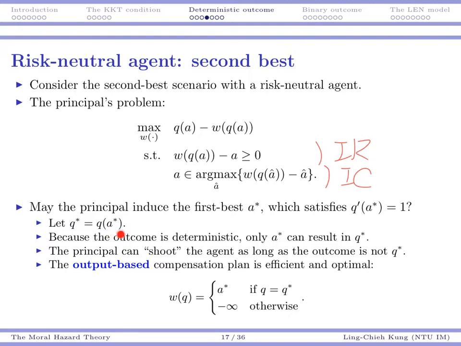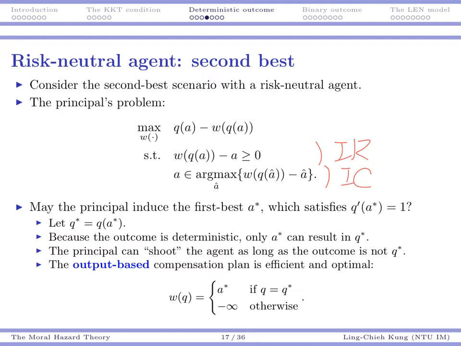Okay, I know what A star is. A star satisfies a certain condition. So I can calculate the Q star. Q star is the outcome under the efficient effort level. So I can expect that to happen. And then the mechanism is very simple. The principal can punish the agent as long as the outcome is not Q star.